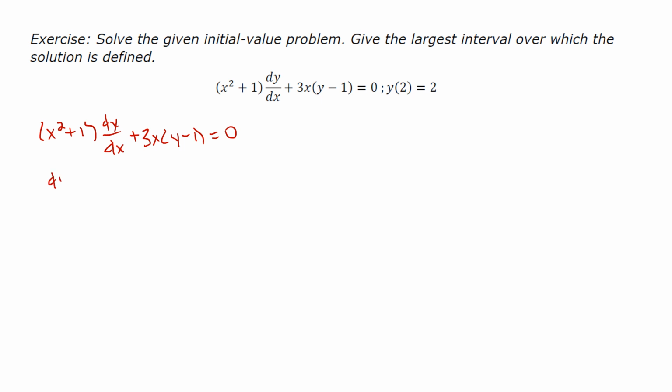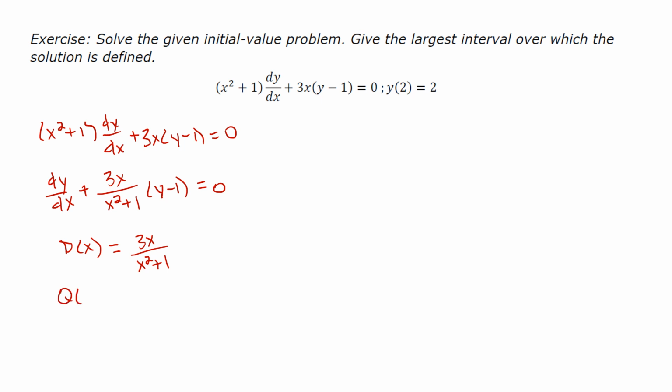So dy dx plus 3x over x squared plus 1 times y minus 1 equals 0. So p of x equals 3x over x squared plus 1, and q of x equals 0.